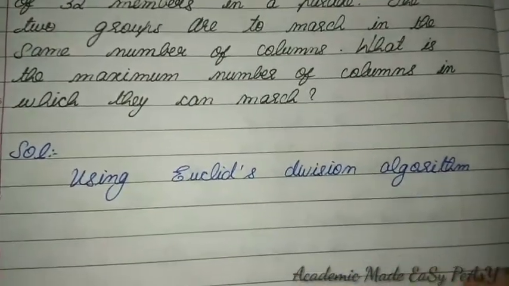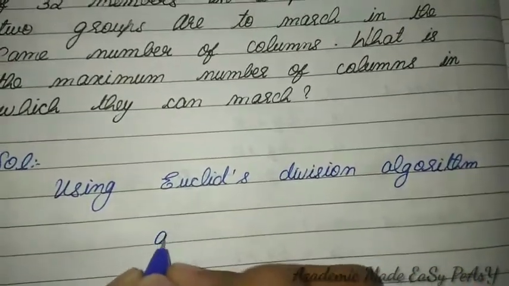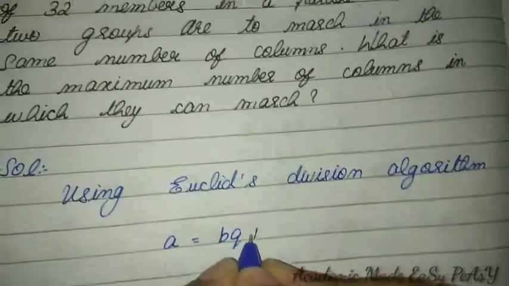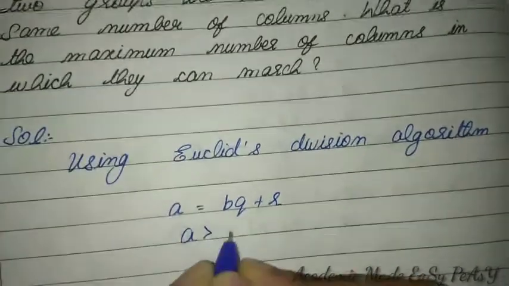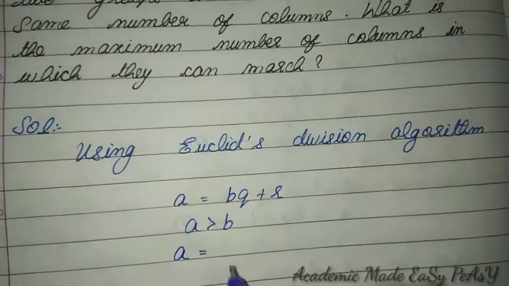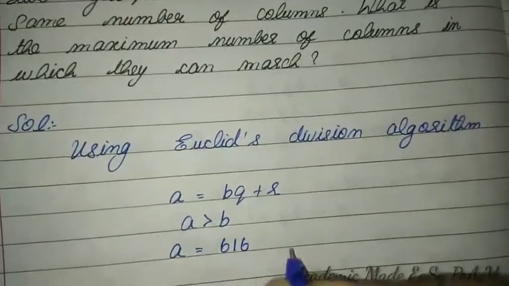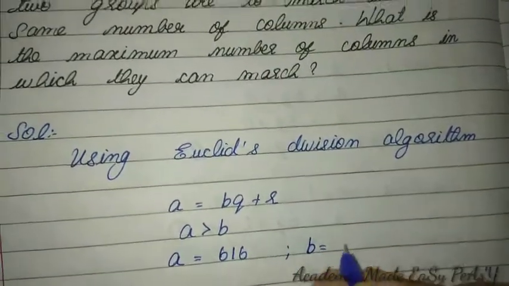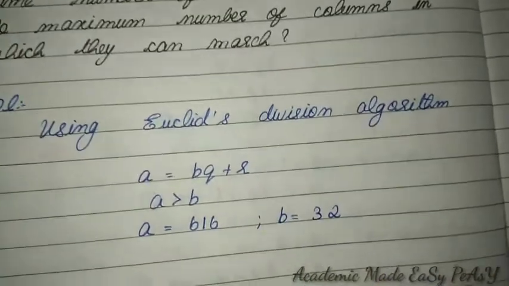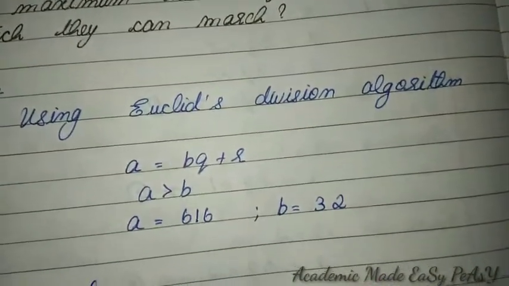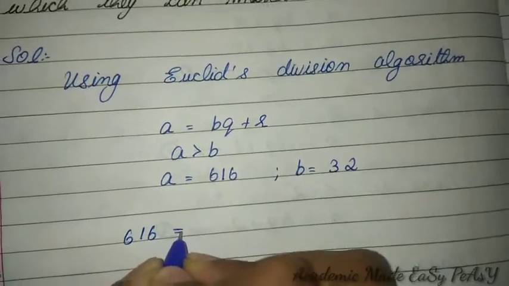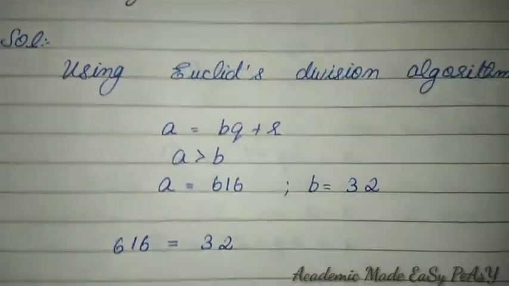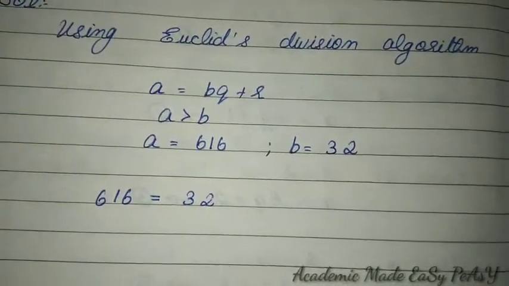Using Euclid's division algorithm, we have a is equal to bq plus r. No, a is greater than b. So the value of a will be 616 and the value of b will be 32. Okay, so substituting in the equation, 616 is equal to 32 into what will I get?